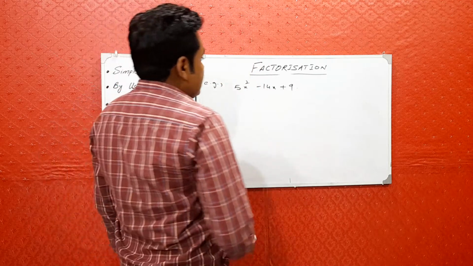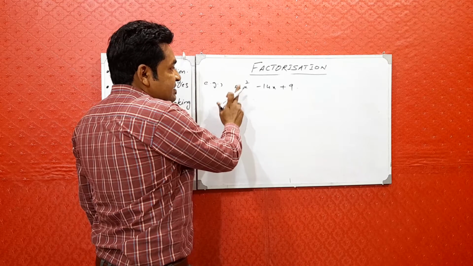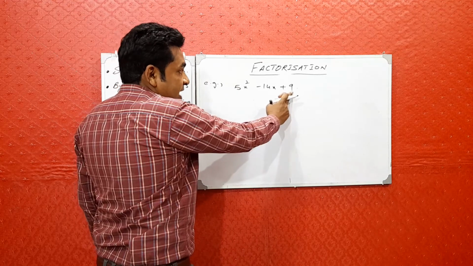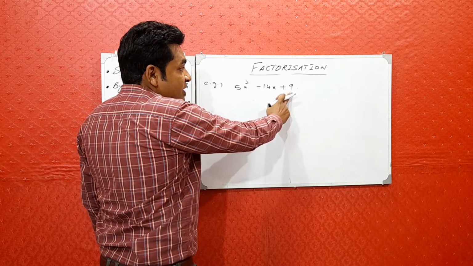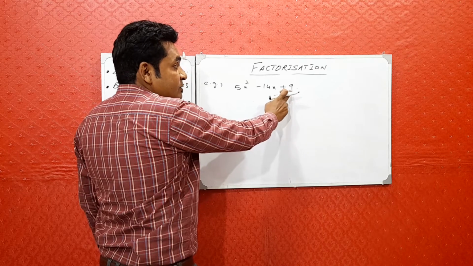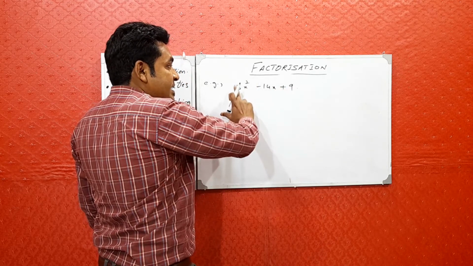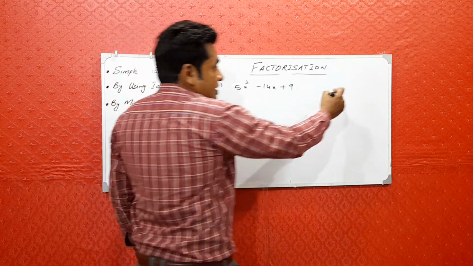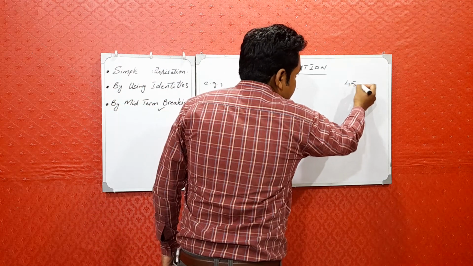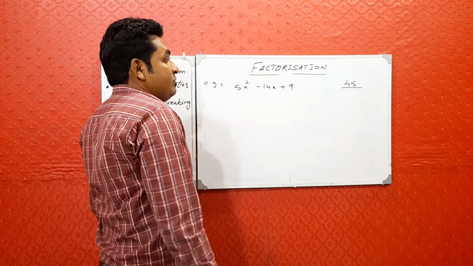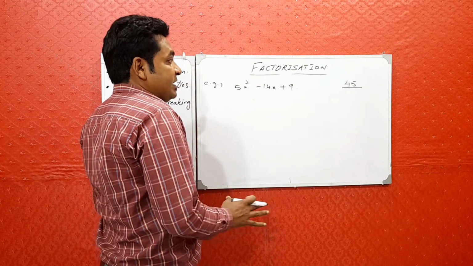This time you can see that the coefficient of x squared is 5 and the last term is 9. We are not supposed to find the factors of 9. We will first multiply 9 by 5, and when we multiply it by 5 we get 45. So we have 45, and we will find the factors of 45.